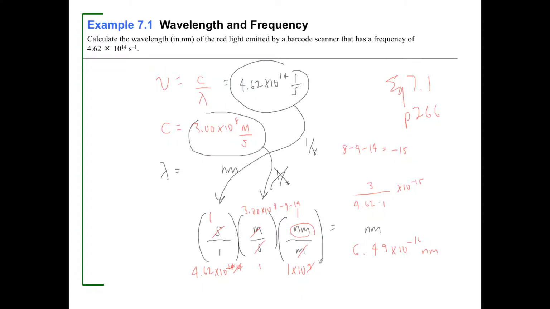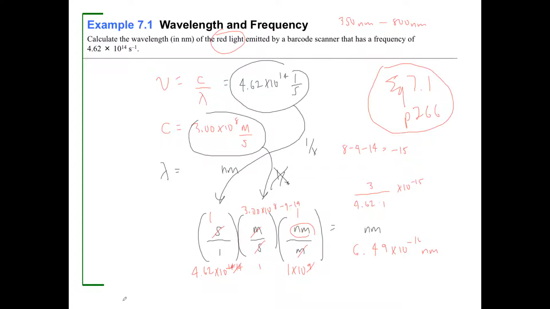Because I know that red light is visible in the nanometer region, which means it's going to be between 350 nanometers and 800 nanometers. Okay, and that's described on page 266. So I know this is wrong, right? Because that's not between 350 and 800.